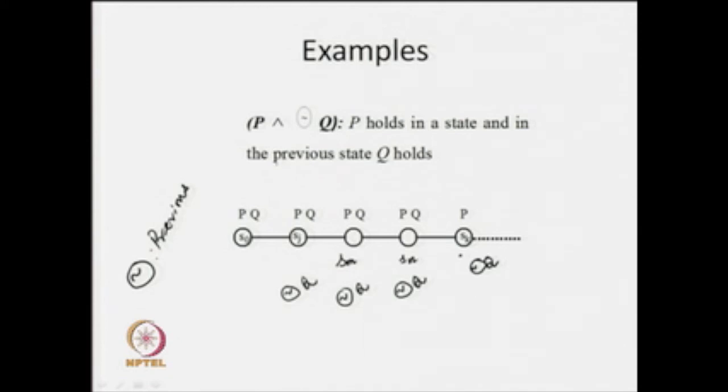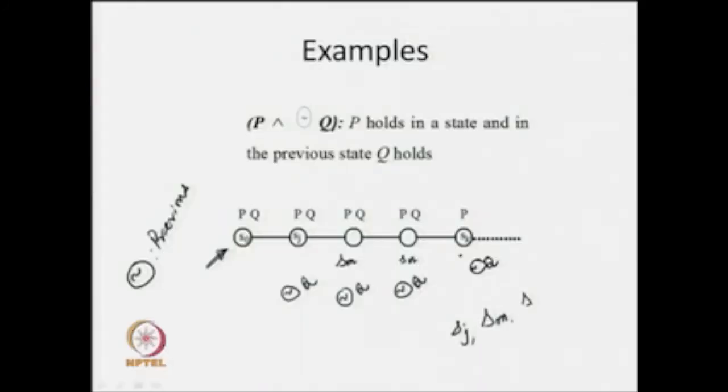So, since this is the starting state, in the past we cannot go beyond certain points. So, we will say that we are having some start state and we are starting from S0. So, here previous q is not true, because we know the behavior from this particular point. We do not know the behavior of the system prior to this particular state.